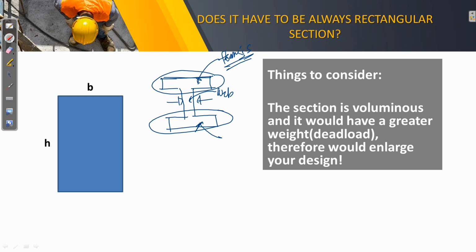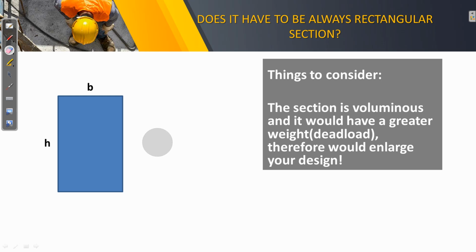So in the case of a rectangular one, you might want to rearrange your shape so that you could save a lot of weight. Just concentrate on the section of the flanges. So that's the rationale in selecting the right section.